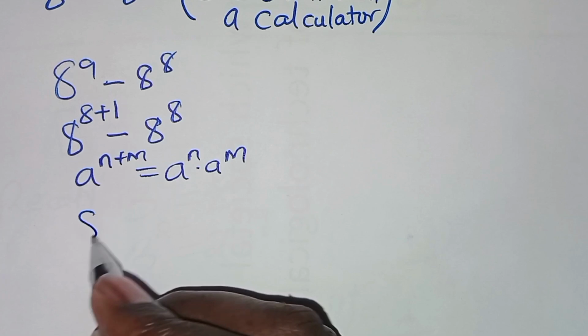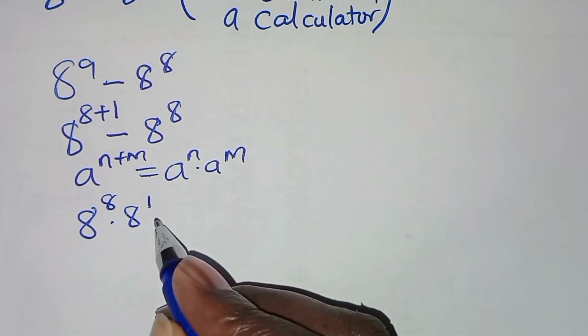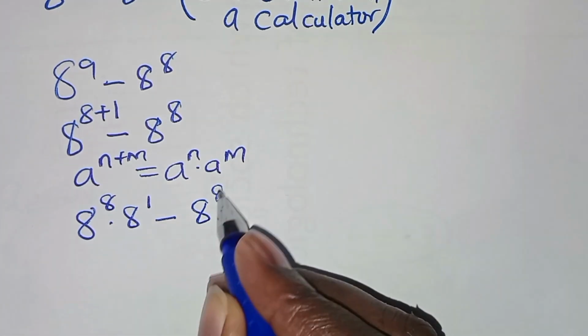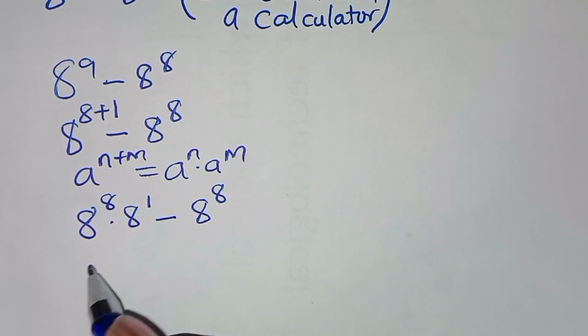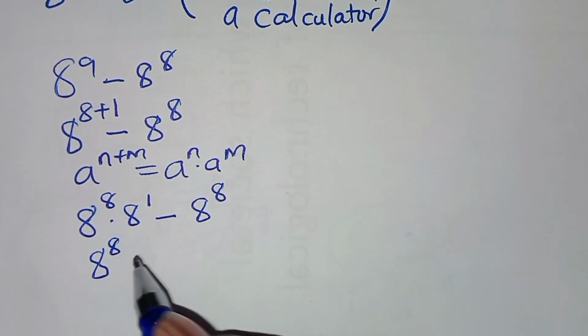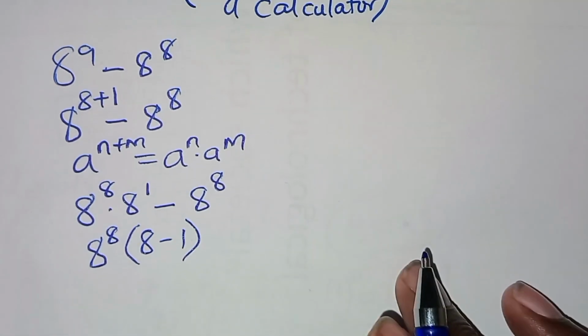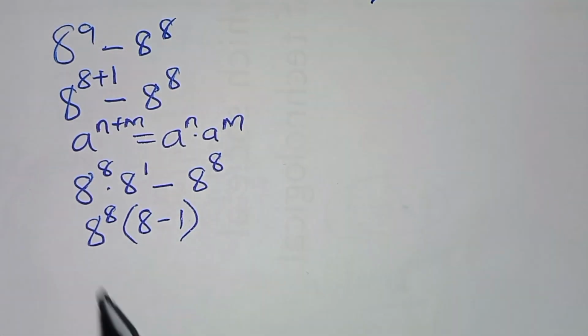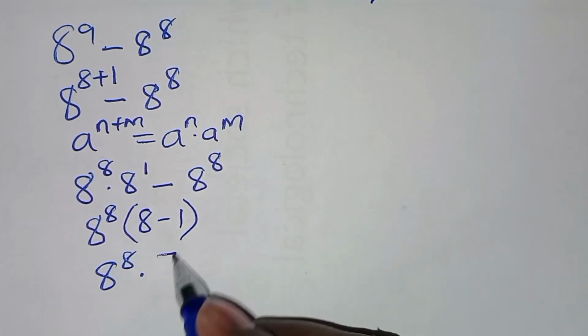So we'll have 8 to the power 8 multiplied by 8 to the power 1 subtract 8 to the power 8. So 8 to the power 8 is common here. Let's factor out 8 to the power 8 so that we'll have 8 subtract 1. So in this case, we have 8 to the power 8 multiplied by 8 minus 1, which is equal to 7.